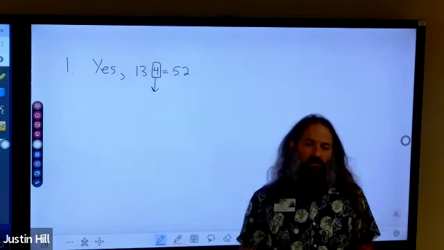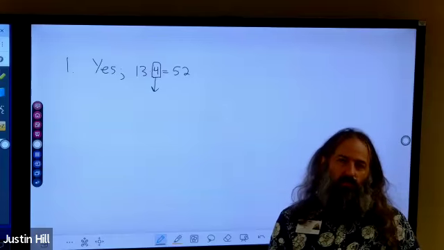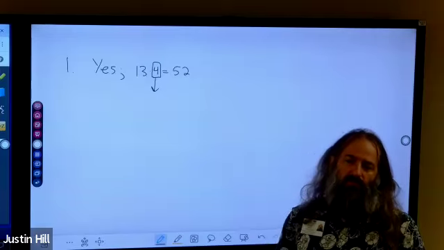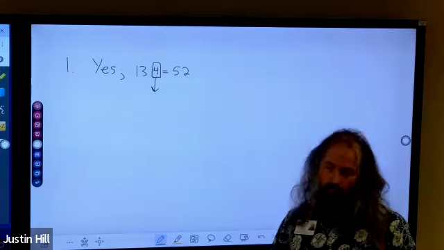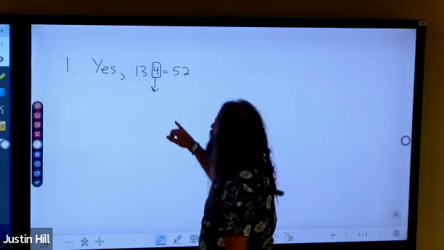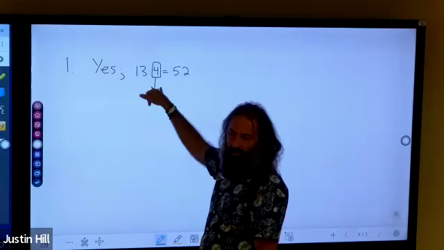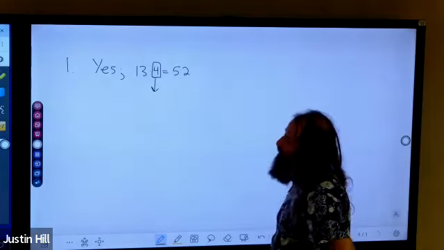That's the key, and that's what we do in our head. You figured out, in your head or on a calculator, that 13 times 4 is 52. Good. So to say it's divisible means there's an integer I can identify such that 13 times that integer gives me 52.